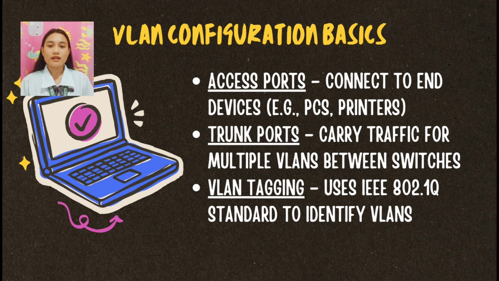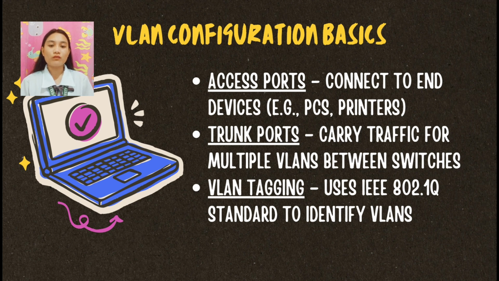Trunk ports: these are used to connect switches to other switches or routers, carrying multiple VLANs across a single physical link. VLAN tagging: based on IEEE 802.1Q, tagging helps identify which VLAN the data belongs to when passing through trunk links.